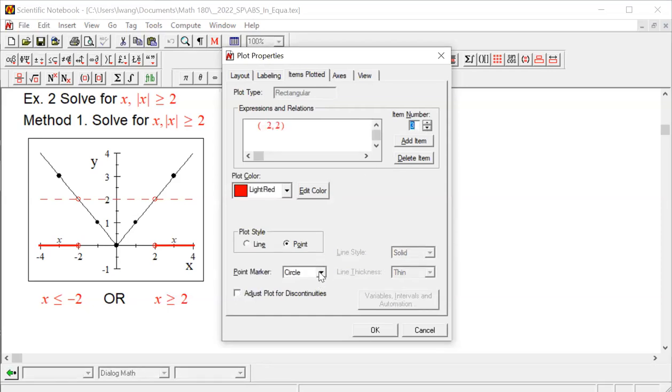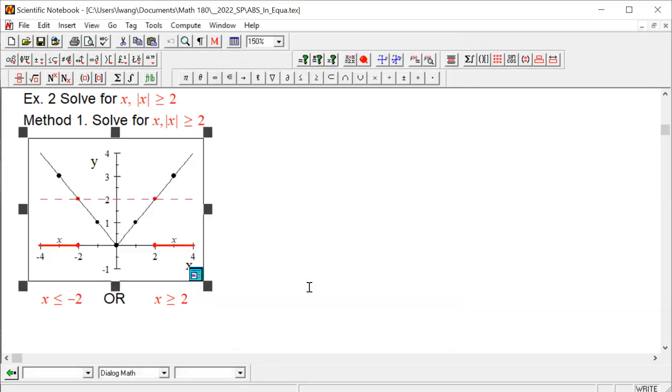This time it's going to be a dot, one more dot, and two more dots, one more dot. There you go.